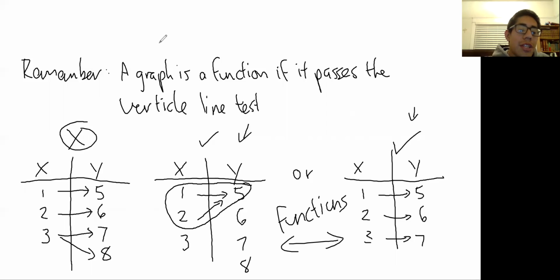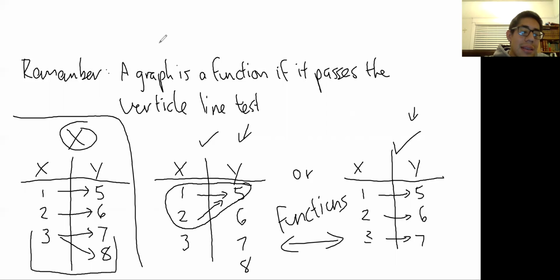What isn't a function is this one right here, this one that's separated. Because what this is saying is that I put in 3 for the x, and my answer came out to a 7, and it also came out to an 8. That doesn't make any sense. It's not a function, and you need to be able to identify them as such.